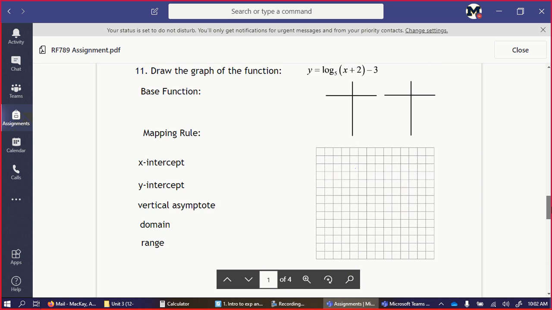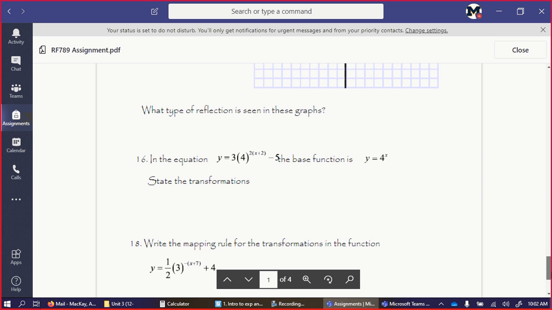But how do you change it to log? No. Is there a number out in front? Is there a vertical translation, a horizontal translation, or those two are stretches, and then the two translations? So you don't have to convert it. You're just graphing exponential stuff.